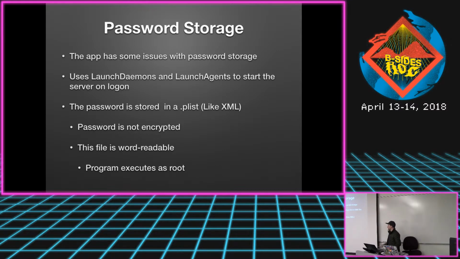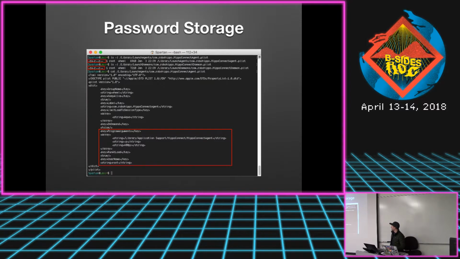And the program also runs as root, which I didn't find any buffer overflow or anything, but that's like a good candidate for some privilege escalation as well. So here's the plist. In red here, there's the relevant portion where it shows the password. So it's super easy that if you can gain access to this file, you can find that password to connect.